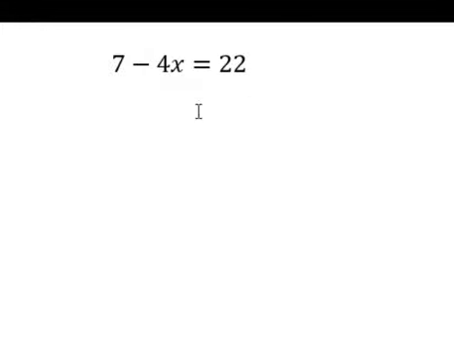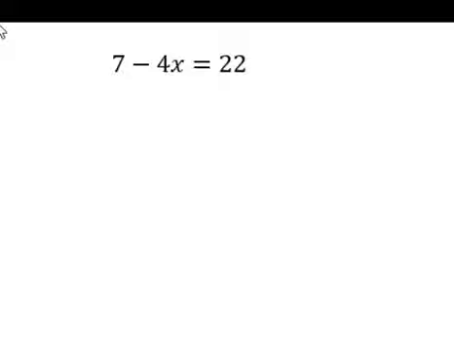So I'm going to start with the 7 and the 22. I don't want to subtract 22 here. I'll leave this side blank and move everything to this side. Remember, I want the x to be by itself, so I want to get everything away from the x. So let's start with the 7.